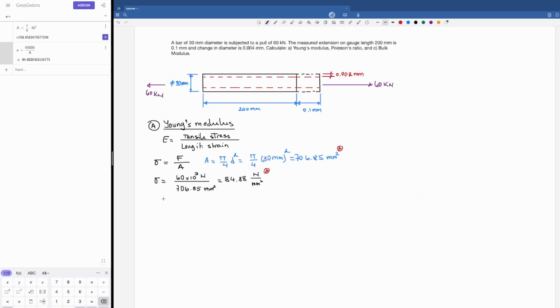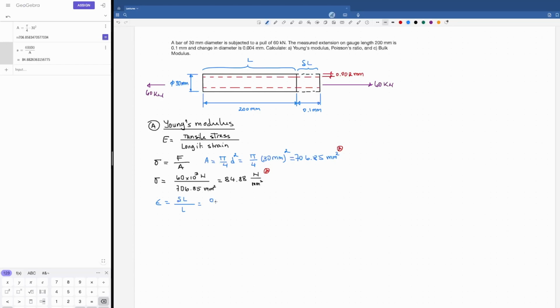Then let's calculate the longitudinal strain, and I'm going to call it E, like we have been calling it in the slides. How much is that? Well, the longitudinal strain is the change in the length divided by the original length. So that's the definition of strain, the rate of change of length.